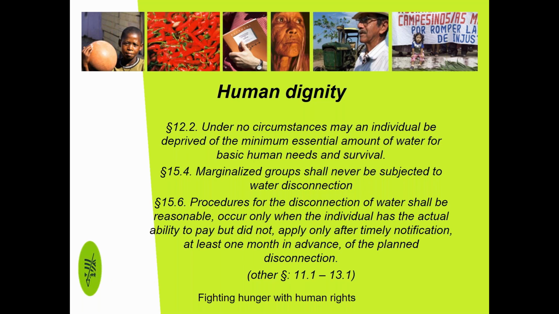So this means there's no way somebody will be deprived of the right to water if there's no other way he or she can get it, because living without water means there's even a potential for dying. It's just very, very bad.